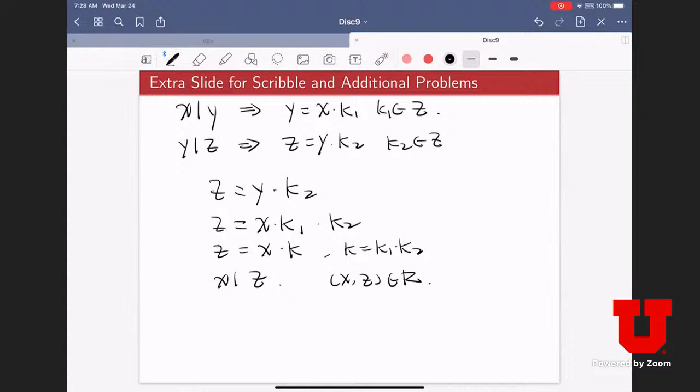All right, any question? Okay, so the next part is asking if R is a strict order on S. So what does it mean to say that a relation is a strict order?